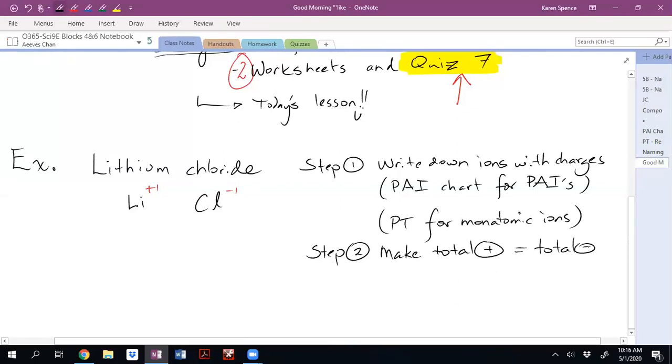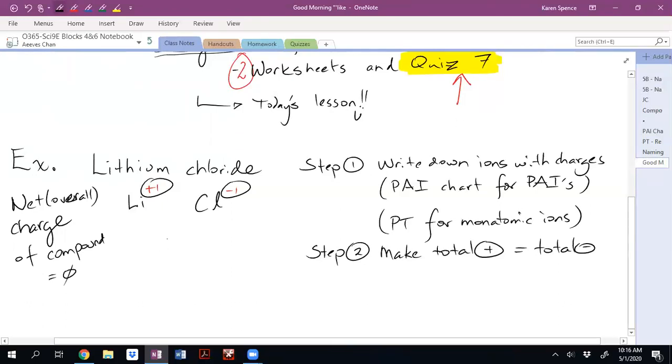And guess what? In this case, oh my gosh, they are already equal. A +1 is equal to a -1. Those will cancel out and give us 0, because remember the net charge, or the overall charge, of a compound should be 0. So we want the positives to cancel out the negatives, and in this case they already do.